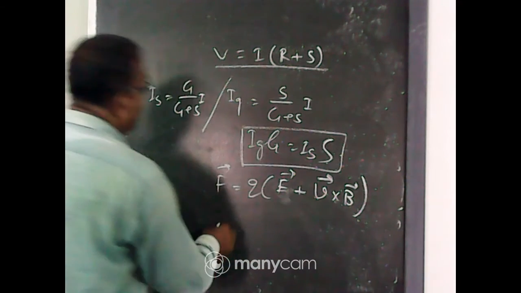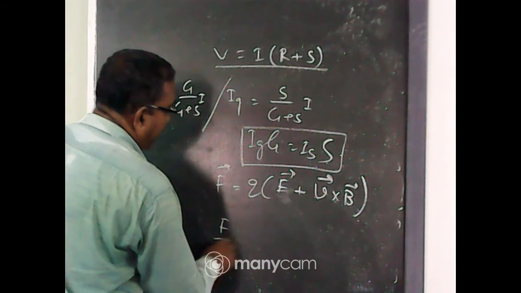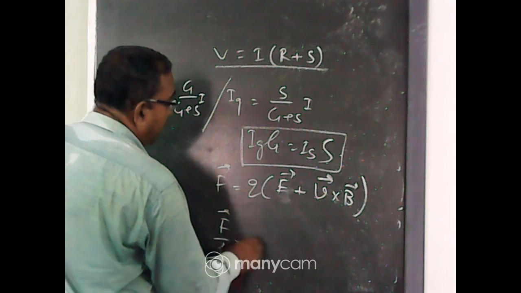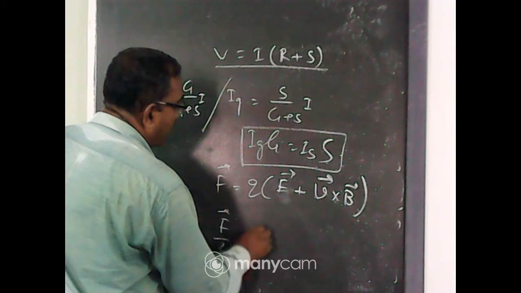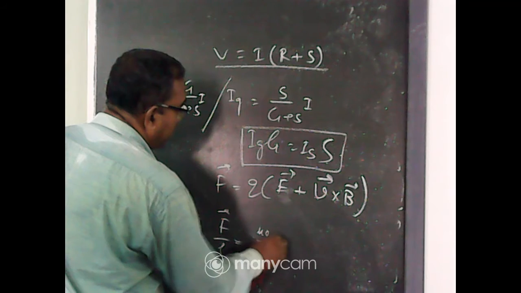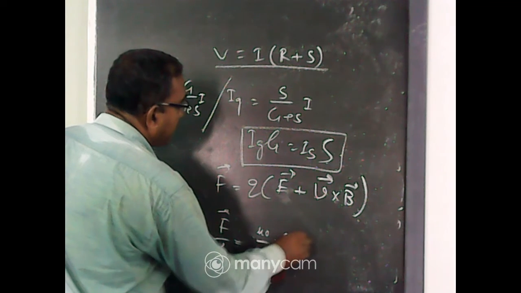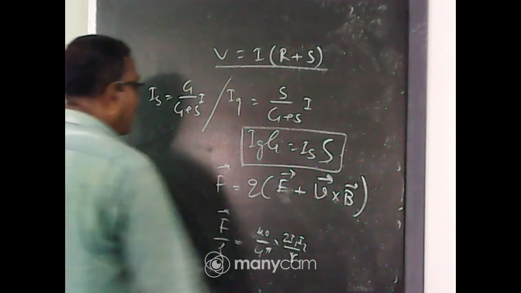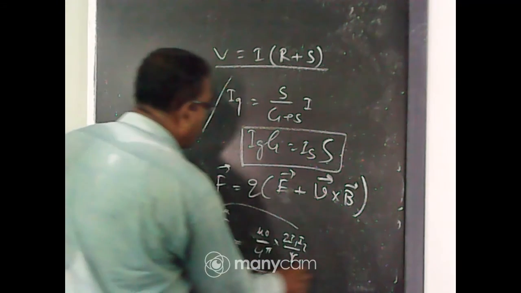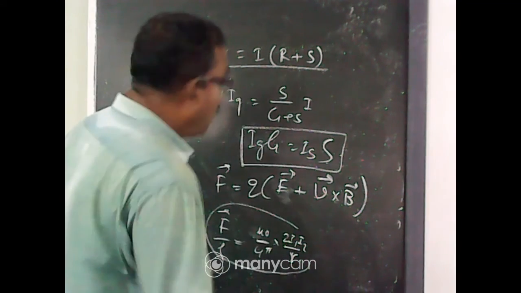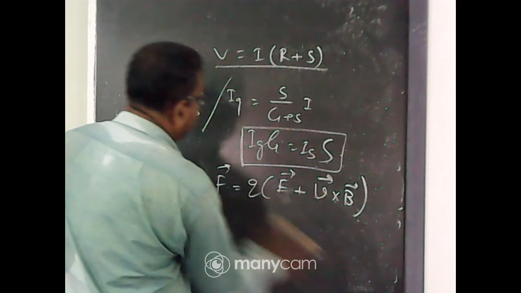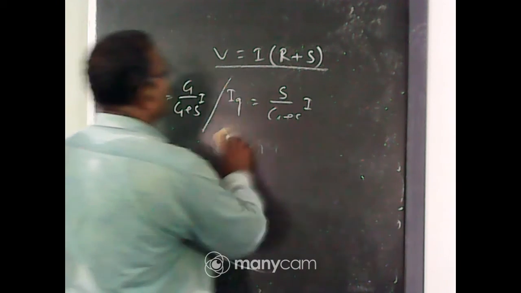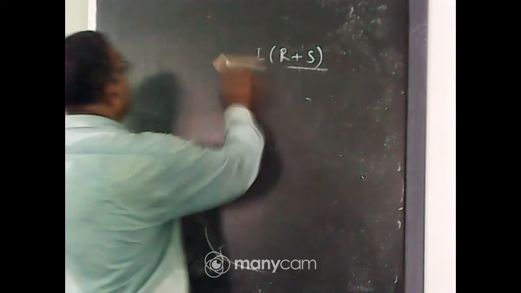The force per unit length, F by L, equals mu 0 by 4 pi into 2 I1 I2 by R. Using these formulas, you complete one or two numericals from your reference books.